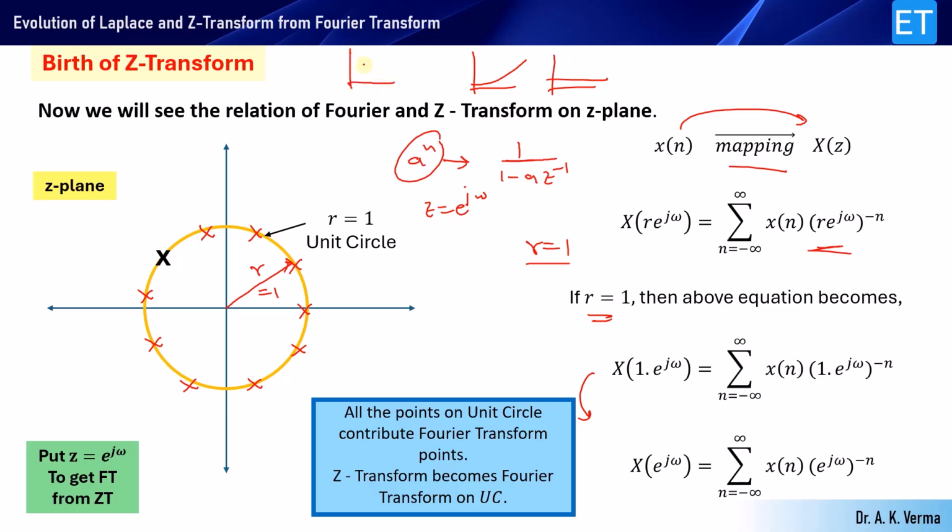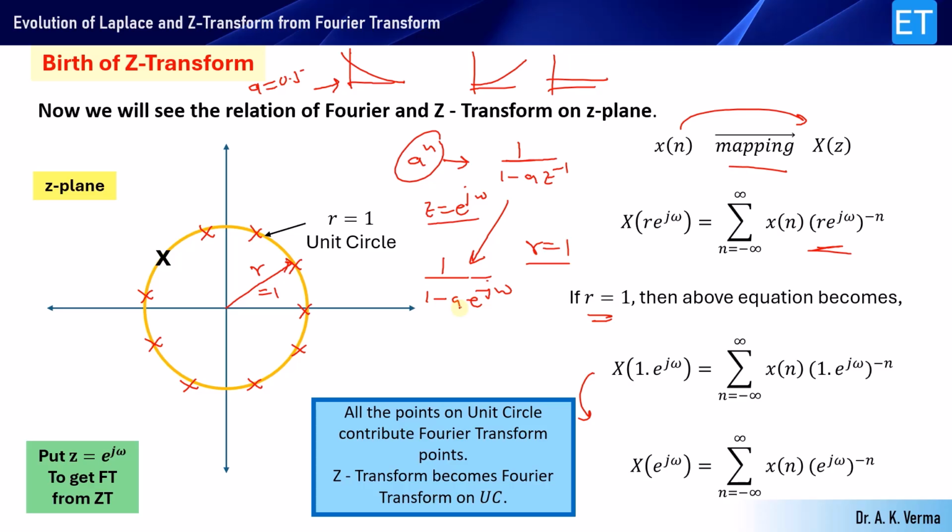So if your a^n is decaying, which will happen, let's say, for a equal to 0.5, when n is increasing it will decrease. In that case, you can substitute z equal to e^{jω} to get its Fourier transform. So for 1 upon 1 minus a z inverse, I substitute z equal to e^{jω}, and that is your Fourier transform.